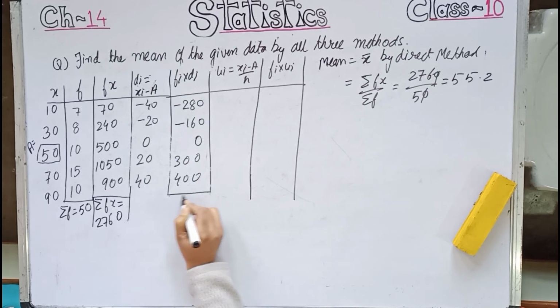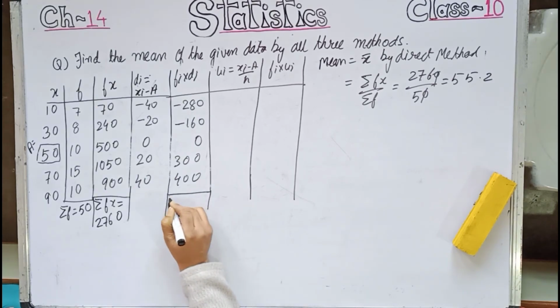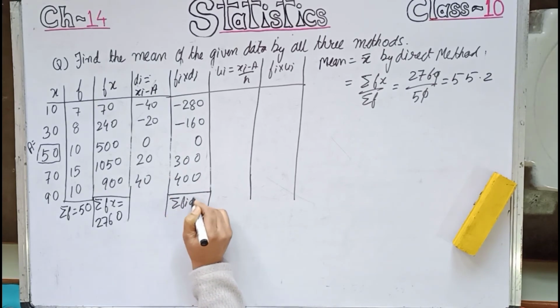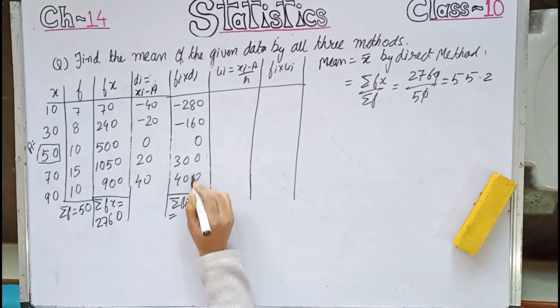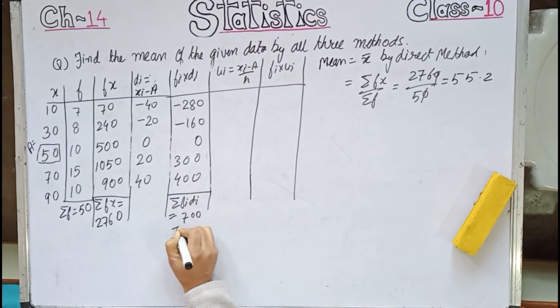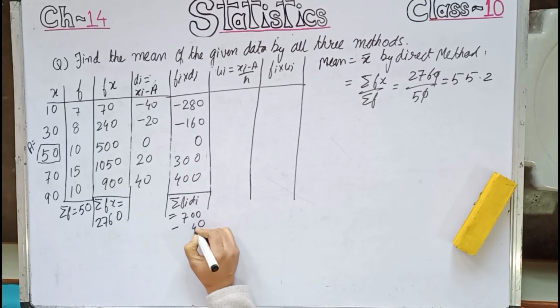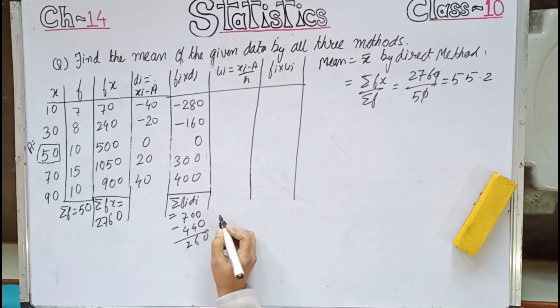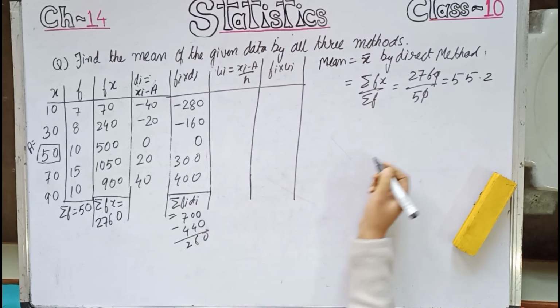Now summation fi into di equals 700 minus 440, which is 260.